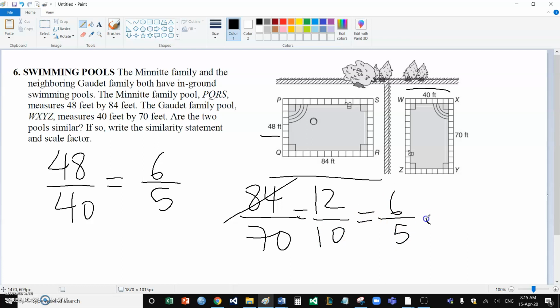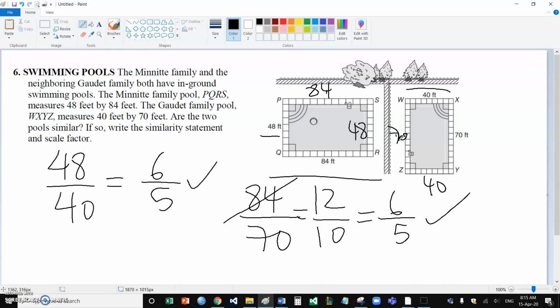So the ratio is the same. We don't have to do these sides because they're equal. These are rectangles. So this is 84, and this is 48, and this is 40, and this is 70. Okay?